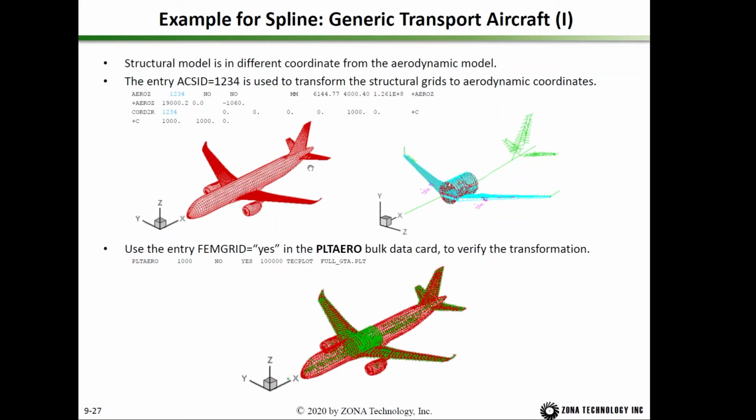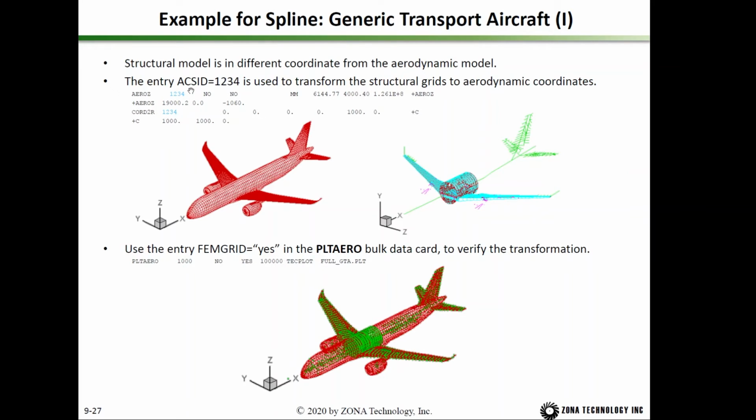This is the aerodynamic model, and this is the structural model. In the structural model, the z-axis is along the left-hand side of the wing and y is going up. In the aerodynamic model, of course, x is along the fuselage, z is going upward, and y is along the right-hand side wing. So you have to transform the structural grid points into the aerodynamic model.